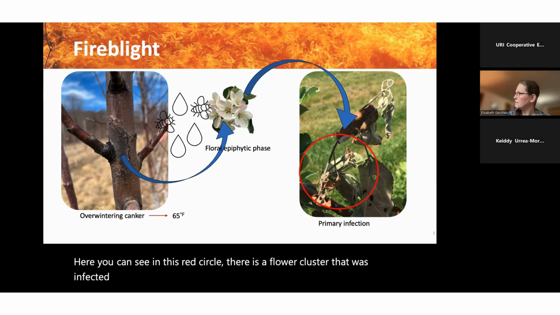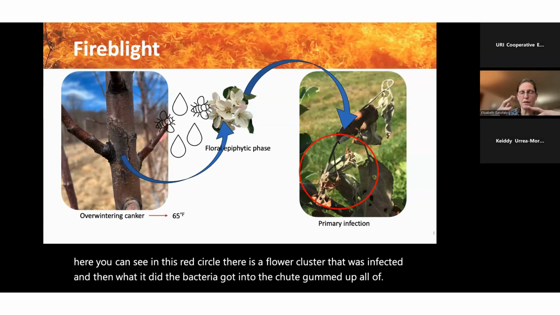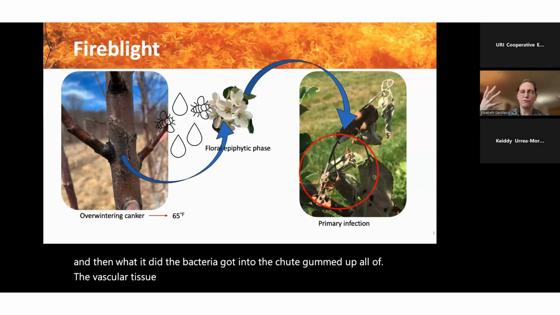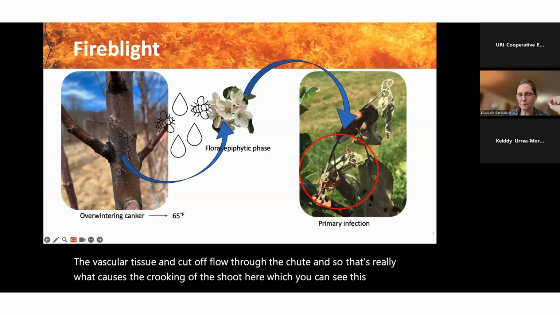The bacteria got into the shoot, gummed up all of the vascular tissue and cut off flow through the shoot. And that's really what causes the crooking of the shoot here, this characteristic shepherd's crook, as we call it. So that's our primary infection.